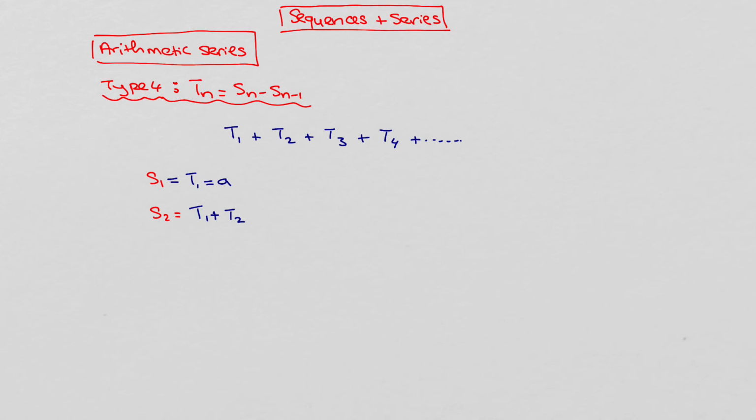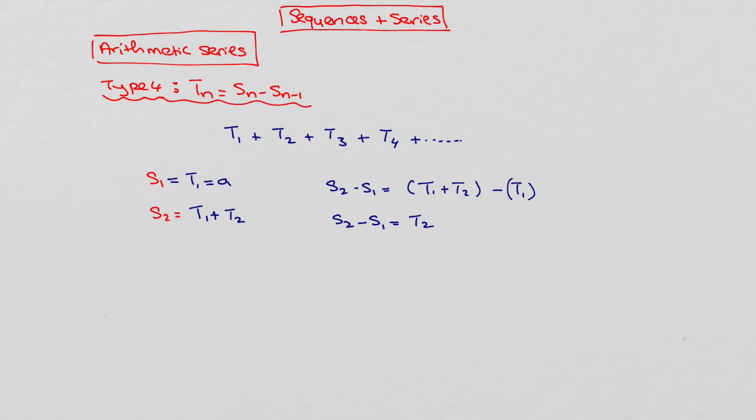Now, if I wanted to know what S2 minus S1 was, well, S2 is T1 plus T2. S1 is T1. So if I subtract the sum of the first term from the sum of the first two terms, I end up with the second term.